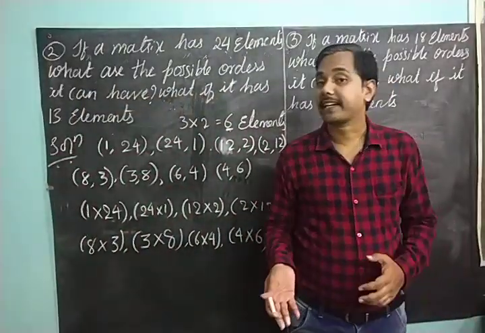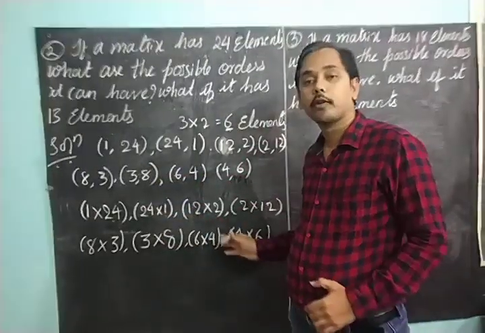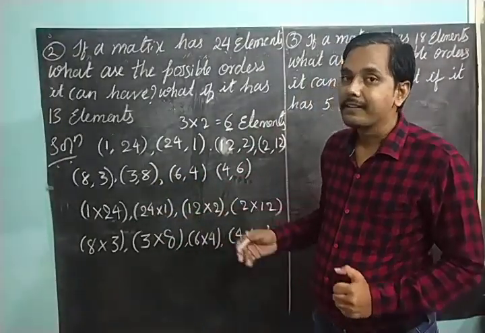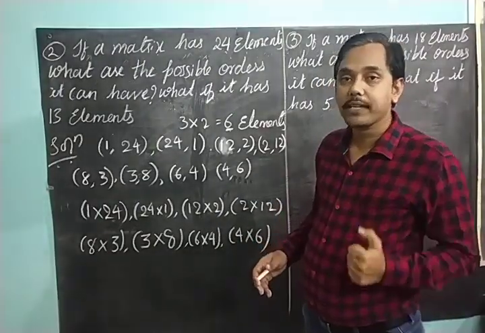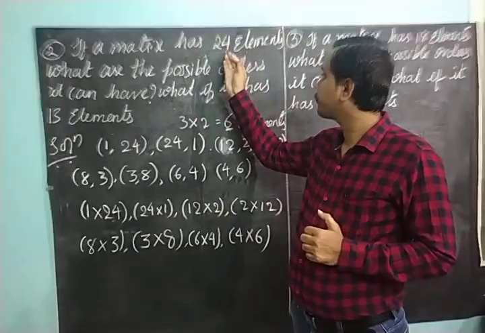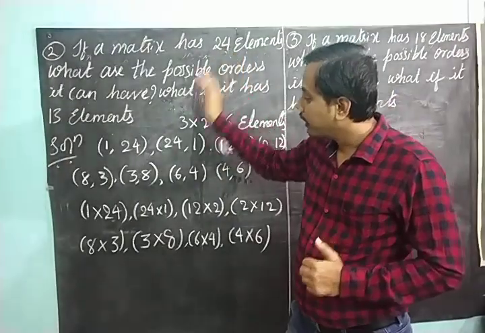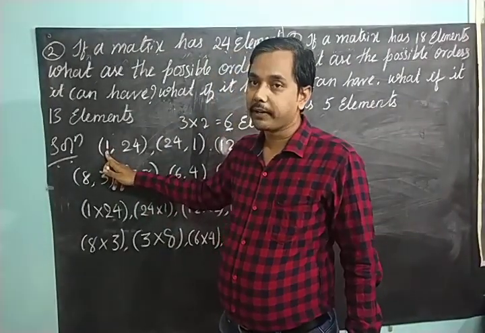So what are the factors? Here we have discussed something about factors. Factors are the numbers which divide the given number. For example, all the factors of 24 will divide this 24. We have taken 1 as a factor, so 1 will divide 24.